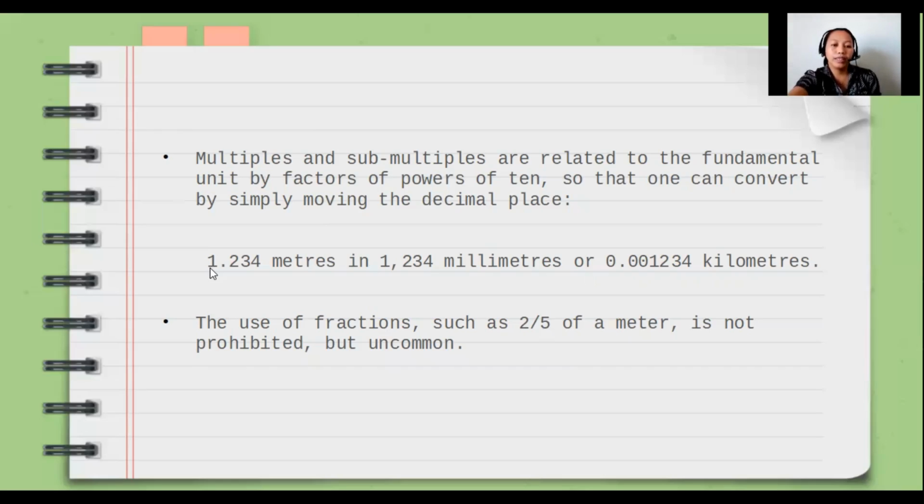So therefore, we will get 1,234 millimeters when moving this decimal place 3 places to the right. 1, 2, 3. Or in kilometers, what we're going to do is from this decimal place, we move 3 places to the left, since the exponent in kilo is positive.